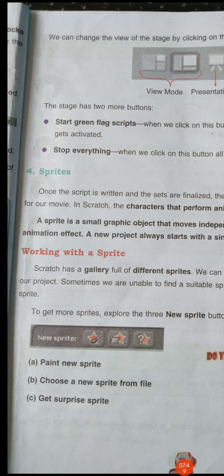One is paint new sprite, then choose a new sprite from file, and get surprise sprite. We have three options: we can paint a new sprite, choose a ready-made one from the library, or get a surprise sprite, which means any one character appears on the stage.